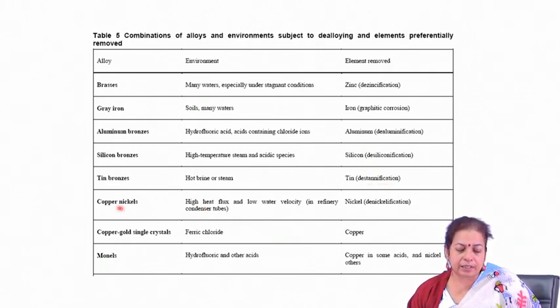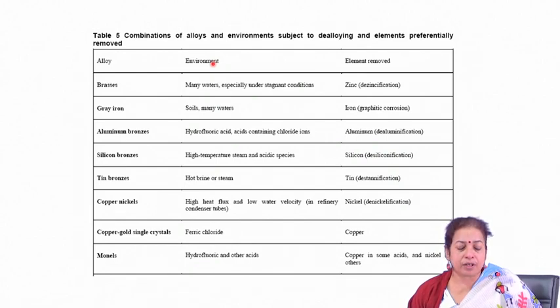The element which goes away determines the name. The copper nickel system is called denickelification. Then copper gold single crystal in a ferric chloride environment, basically again copper goes away. So, different names are there depending on the alloy system and the constituent which gets leached away.